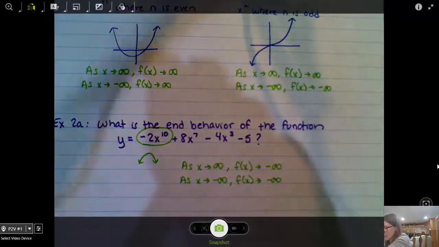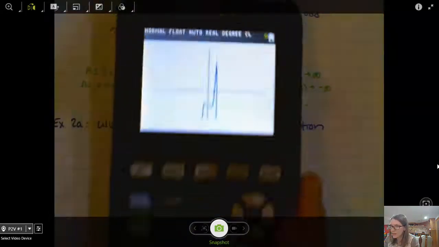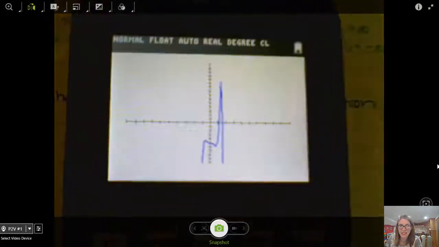Okay, and just to show you what this looks like, so you have some confirmation that both ends actually do go down here, I'm going to show you a graph quick. So here's our graph of that function, and if you look pretty closely, there's a lot of crazy things happening here.